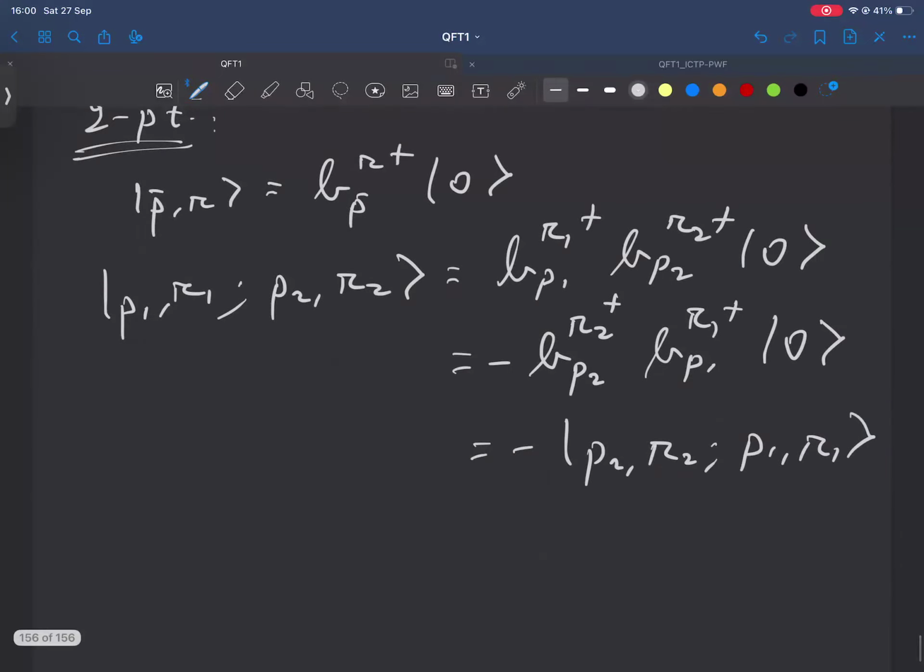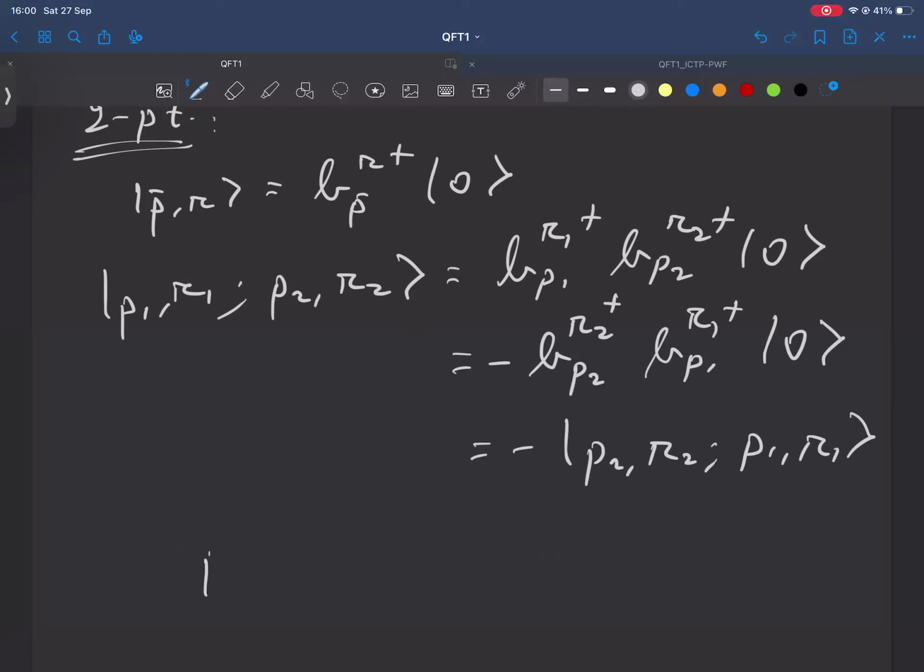So when you change the arguments in your wave function by an exchange, you pick up a minus sign. Remember, in the scalar field case, because they were commutators, not anti-commutators, you had a plus sign here. And because of this minus sign, now you try to do something.